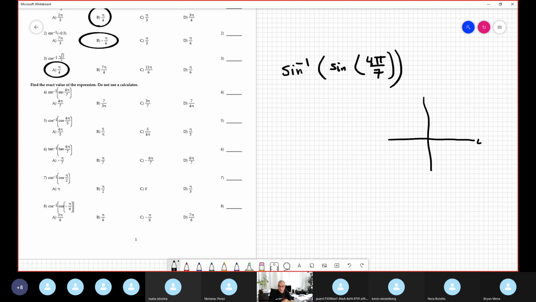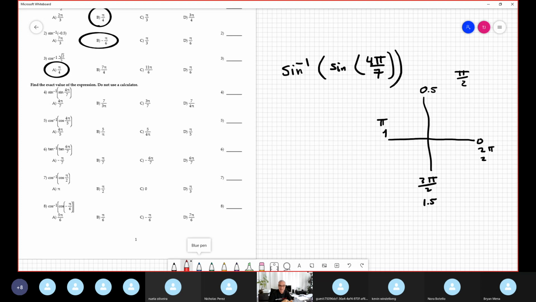Suppose this is 0. This is pi over 2, so the decimal is 0.5 because it's pi over 2, no? Here is 1 pi. This is 3 pi over 2, so the decimal is 1.5. And this again is 2 pi, which is 2. So you focus on the decimal part.